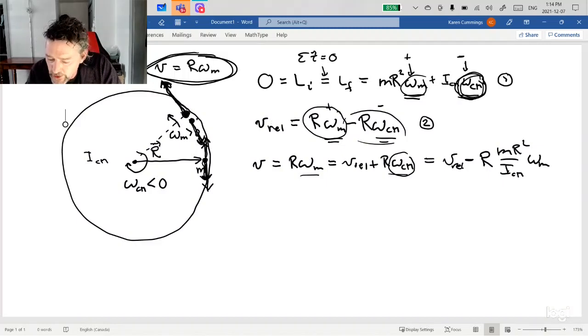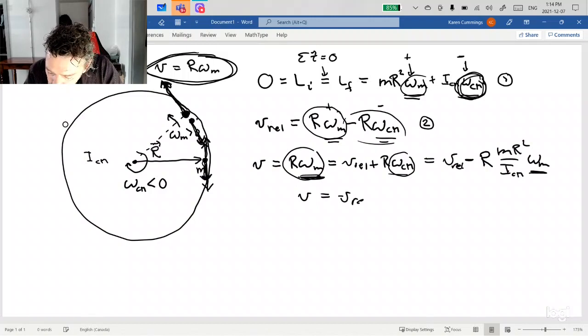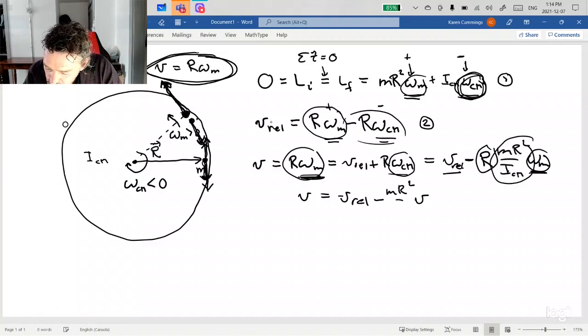Okay, so now we've got an omega m here, and we have an omega m here. And in fact, this is v, which is equal to v relative, that's this, minus, and if you look at this, r times omega m, well, that's just v. So what is times v? Well, this thing. So minus m r squared over I cm times v.